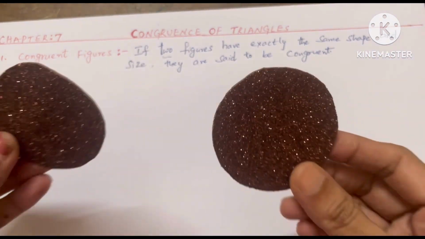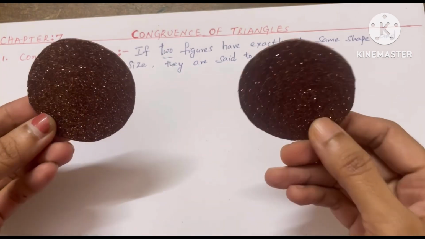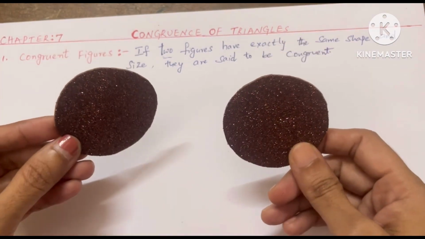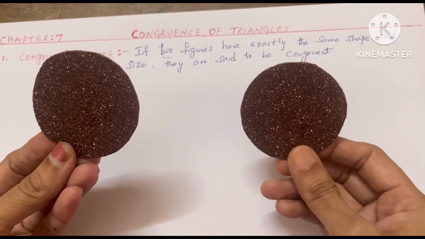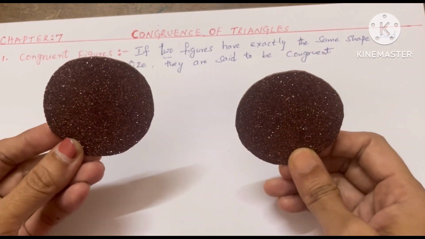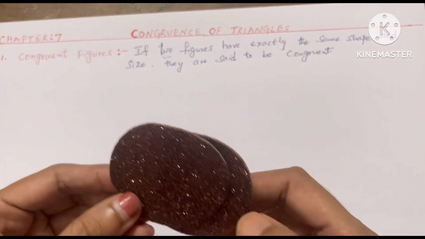For example, I have one more circle here. Whether these two circles are congruent figures or similar figures, please comment in my comment section. These two brown circles, are they similar figures or congruent figures? Please make a note and do comment in my comment box.